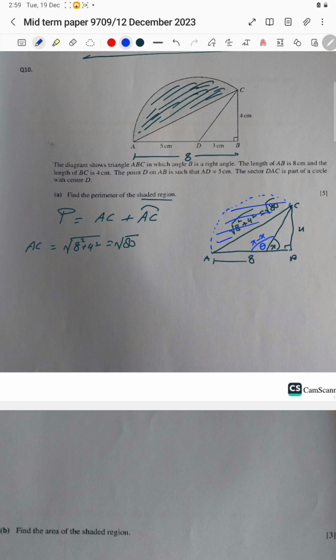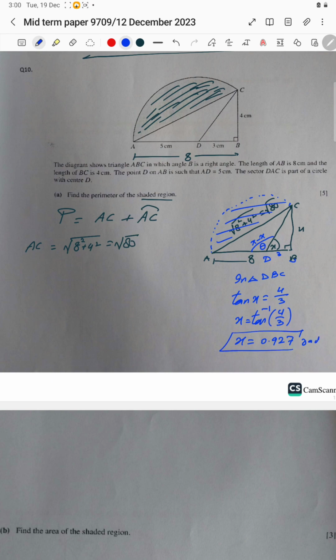Here I can apply in triangle DBC, tan x is equal to 4 by 3, so x will be tan inverse of 4 by 3. And here guys, you need to be very careful. First change the mode of the calculator to radian, because you are doing circular measure. Arc length is a topic of circular measure, so it should be in radian. So x comes to be 0.927 radian.